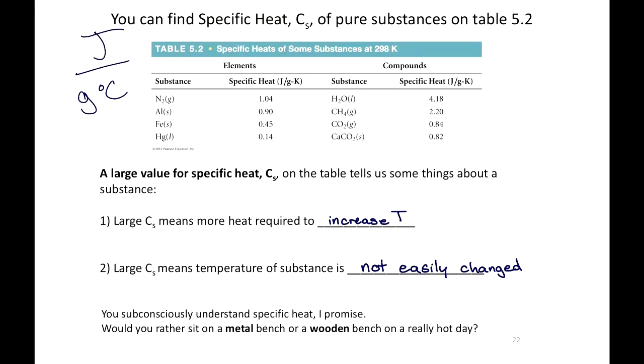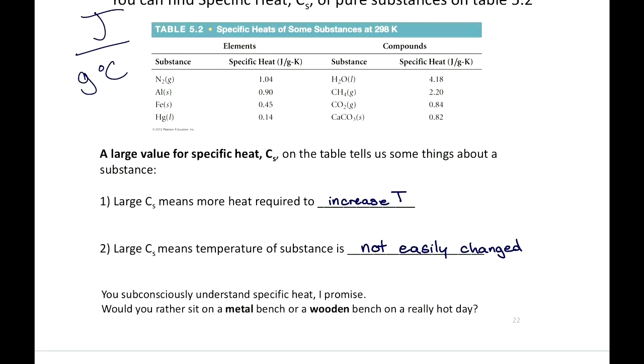It's probably cooler. So you tell me which object, aluminum or wood, has the higher specific heat. Which one has the higher specific heat? You told me you want to sit on the wood one because it's probably going to be cooler, right? So which one has the larger specific heat?